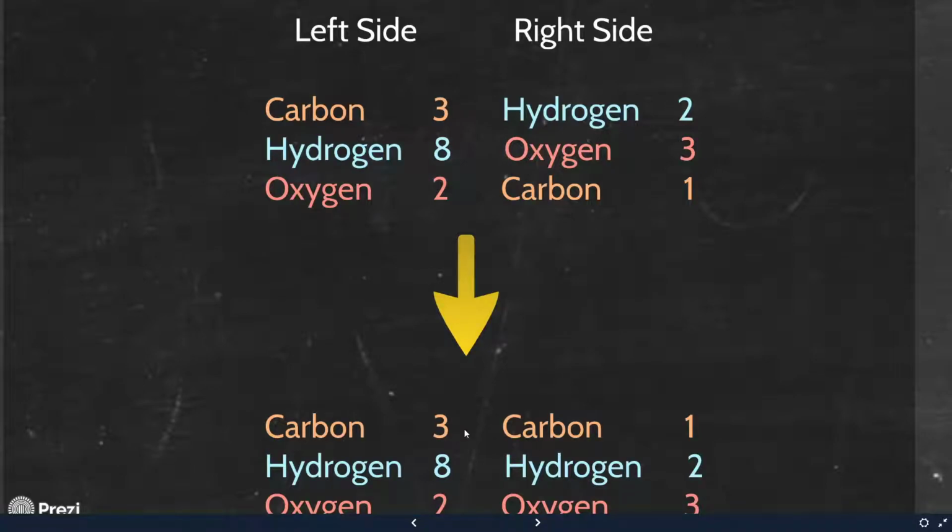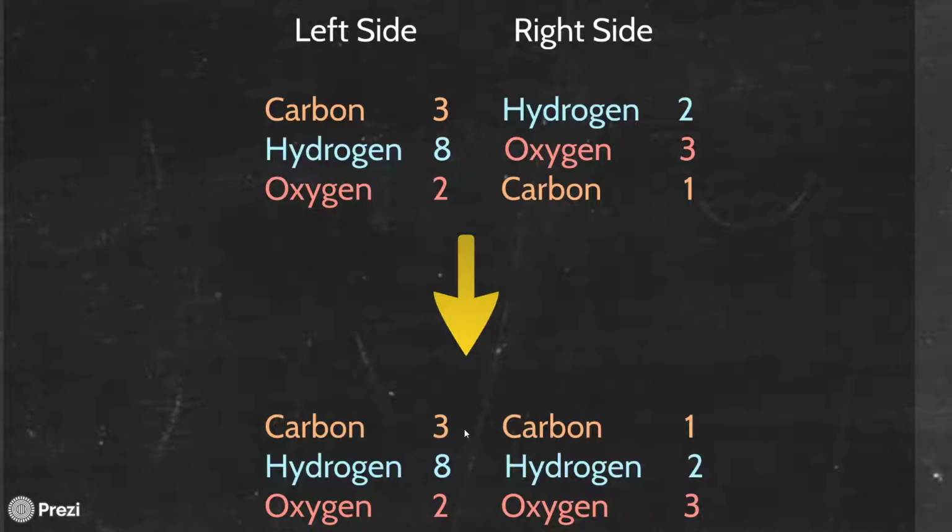And then I'm also going to give you guys a quality of life change to this rule as well. In general, the last 2 that you want to balance in an equation are going to be hydrogen and then oxygen. The reason for that is because they often end up being the hardest to balance and change the most in an equation.